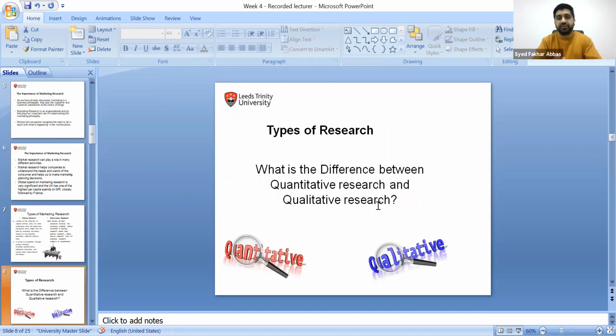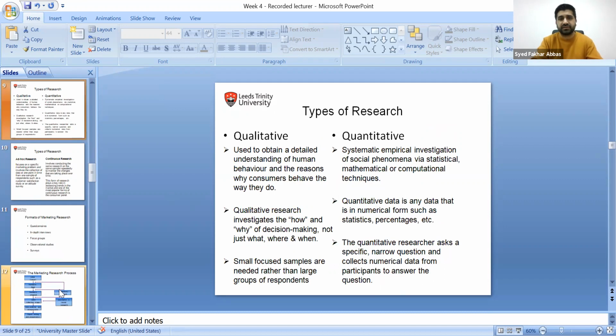So, types of research: what is the difference between qualitative research and quantitative research, we are going to discuss here. Qualitative research is used to obtain a detailed understanding of human behavior and the reason why consumers behave the way they do.